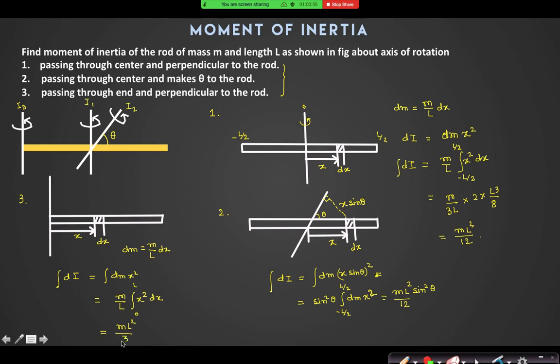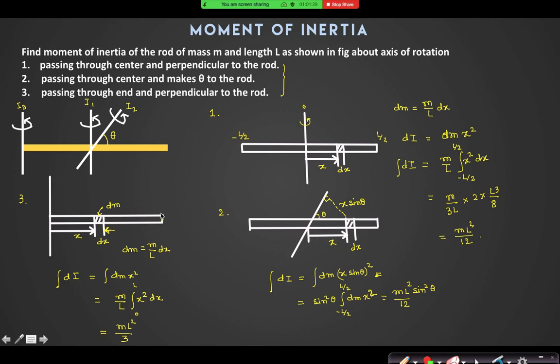So what is the dm? dm is the mass of this small element. What is dx? dx is a small length where the mass dm lies in between x and x plus dx. dx is this thickness of this rod, the length of this rod.